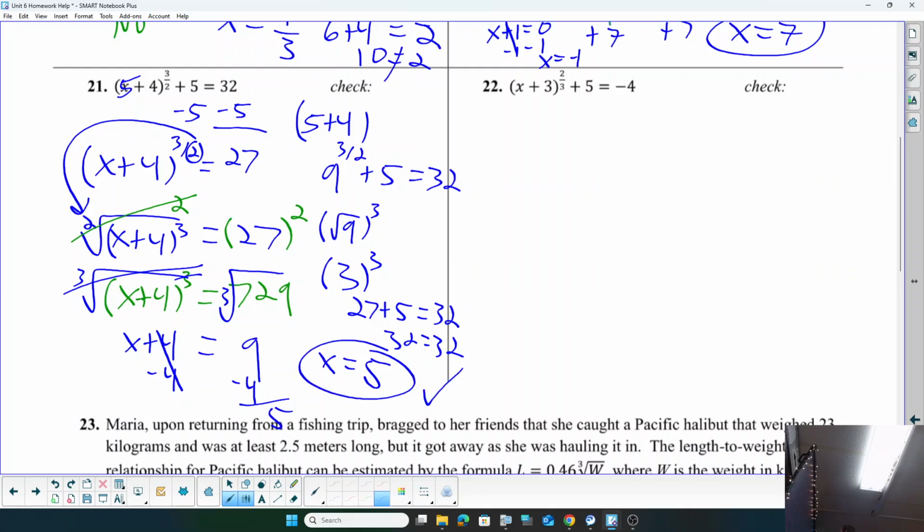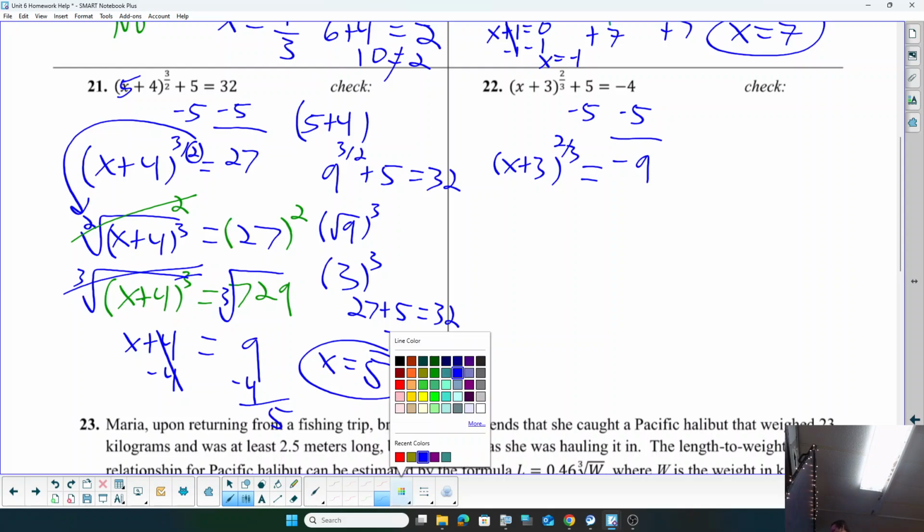Okay, last one. So we're going to go minus 5 over to this side, so we get a negative 9 this time. So we get x plus 3 to the 2/3 power. Someone told me that if you times it by the inverse with the powers, that's also a cool thing. So let's give that a try.